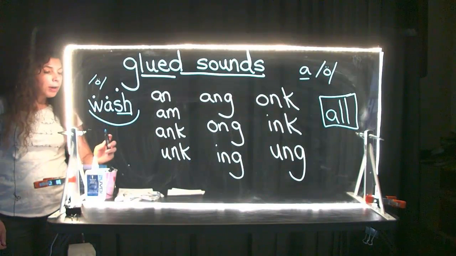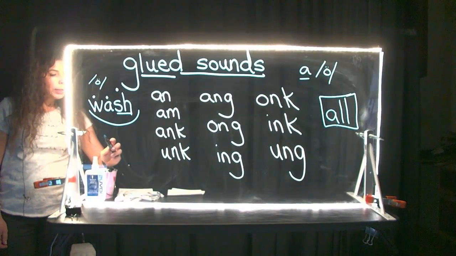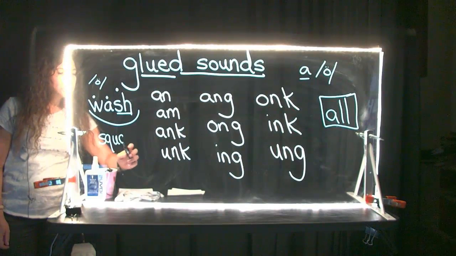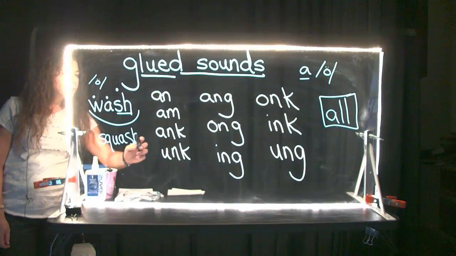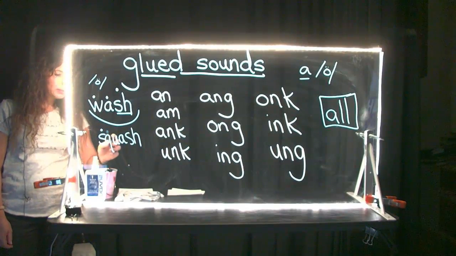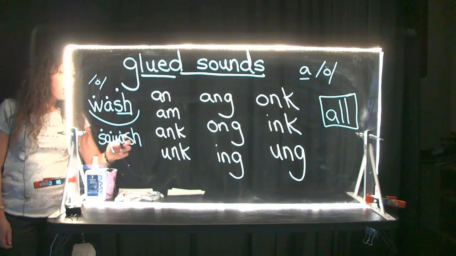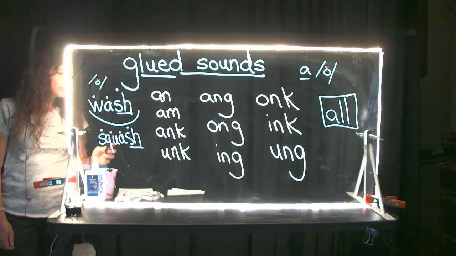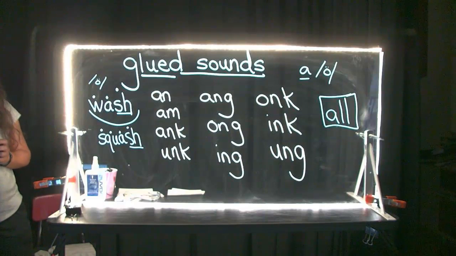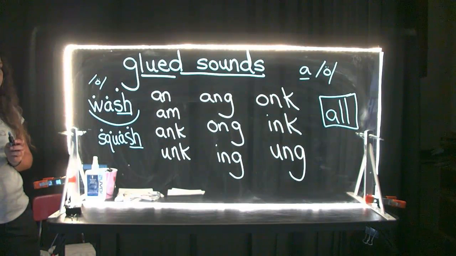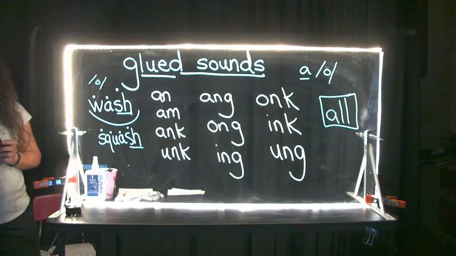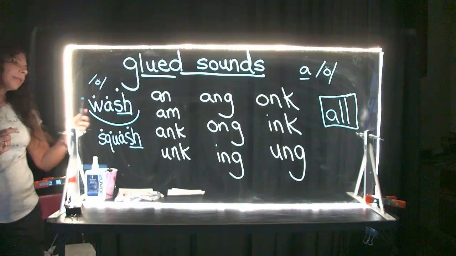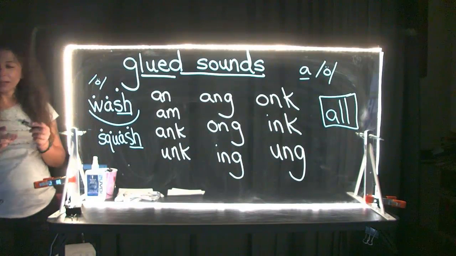When it's also preceded by a Q-U, like in the word squash, if I was going to tap that out, I don't say squash with a short a. I say squash with the aw sound. Let that sink in. That is one of the new concepts for this week, that A can sound like aw.